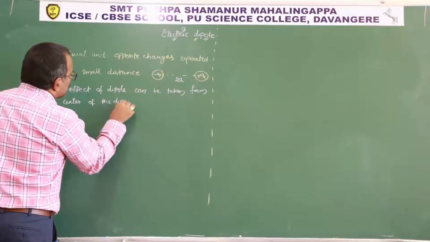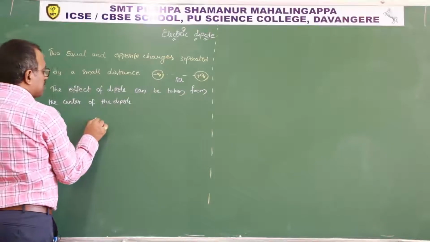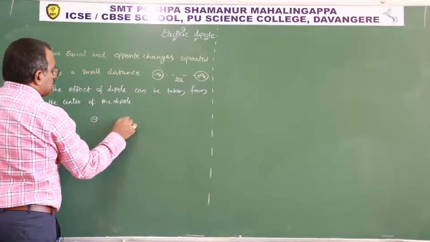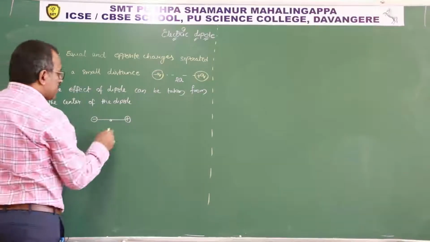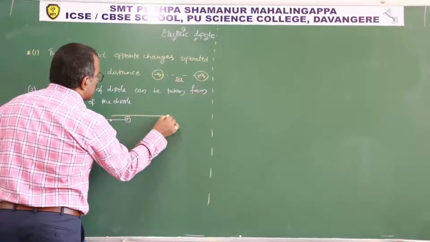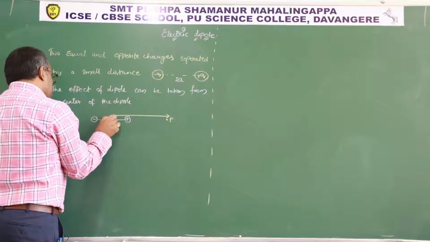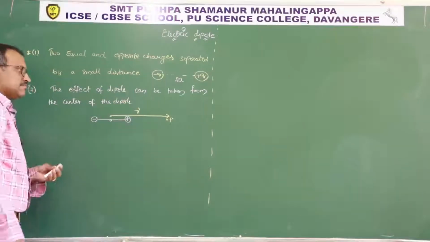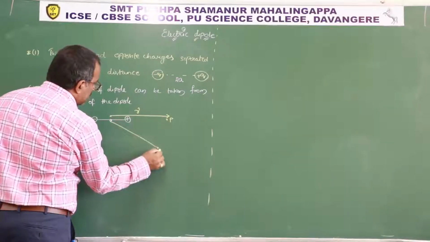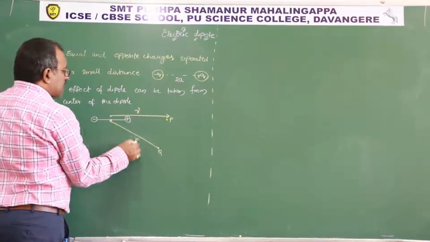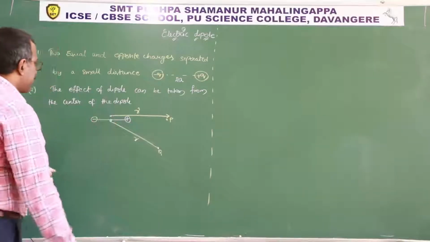Center of the dipole means every distance, whatever you are measuring, the distance should be measured from the center of the dipole, like from here to here. If you want to find the electric field at point P, you should measure the distance from the center. And if you want to measure at any point Q, you should measure from the center of the dipole only.